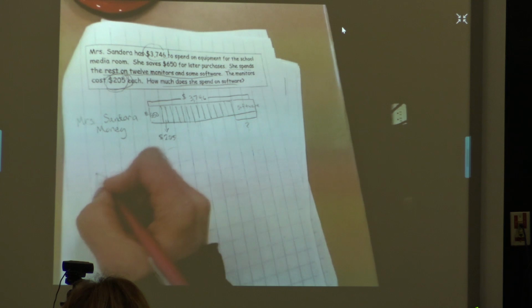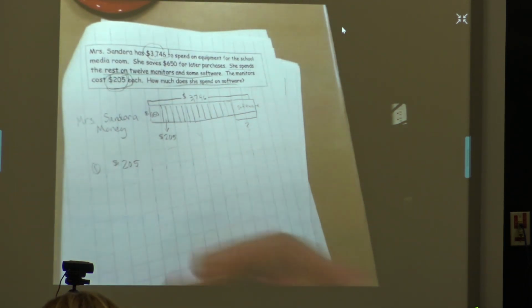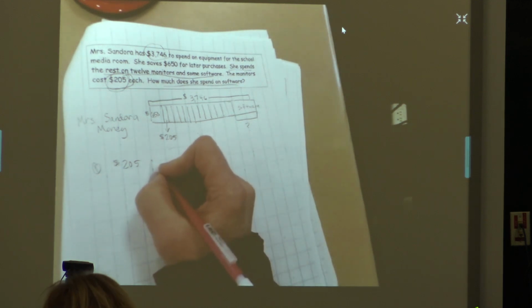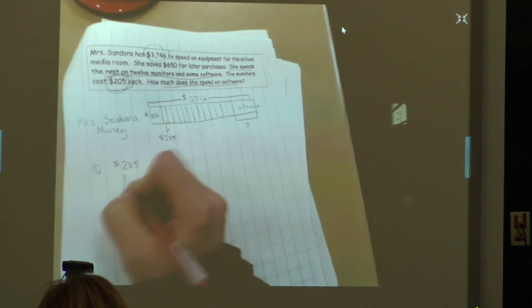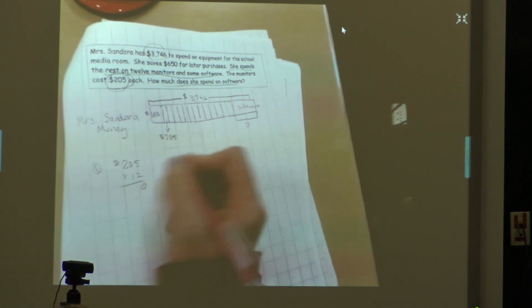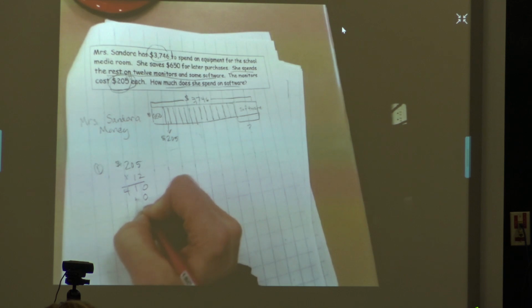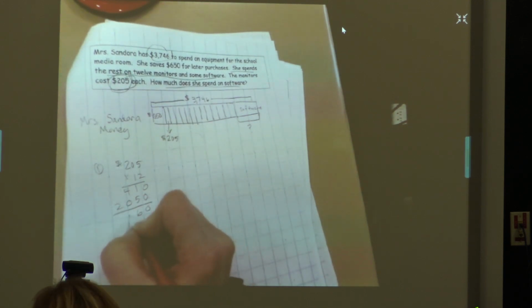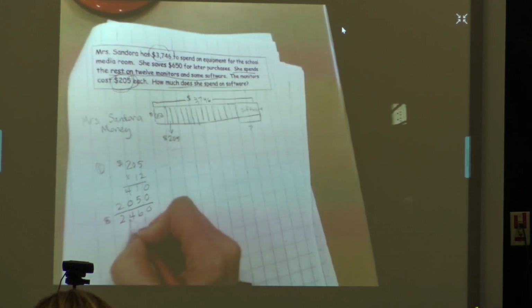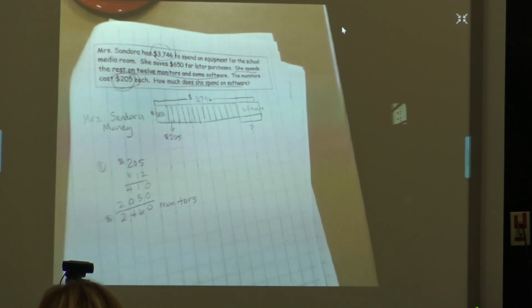Right, so maybe I'll do 205, and the students would already know how to do this. I'm going to assume everybody knows the multiplication. Okay, so that's the monitors, and I like to put a label here because I want people to know it's monitors.